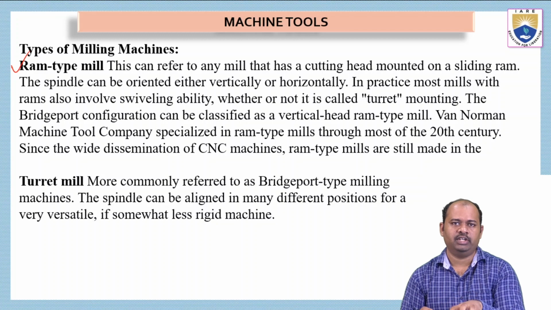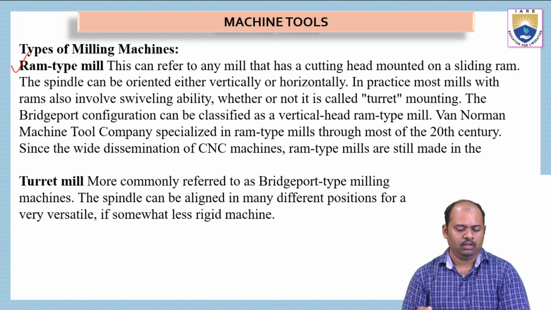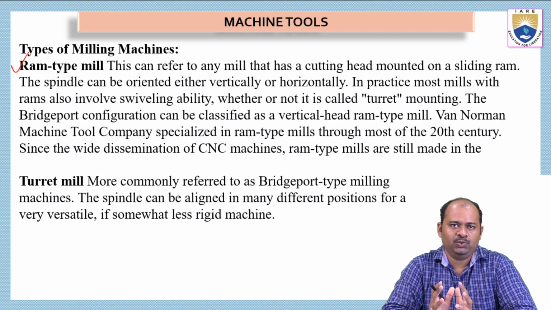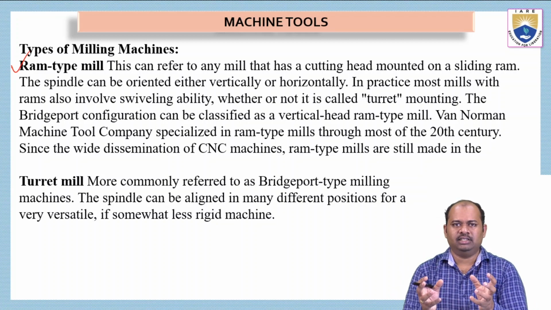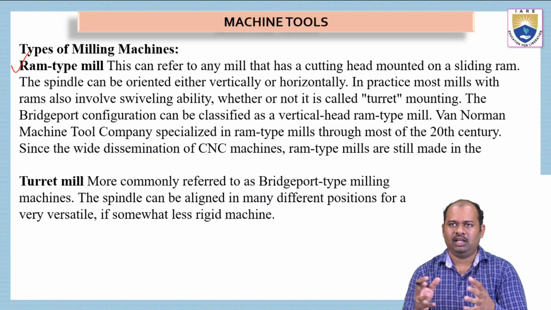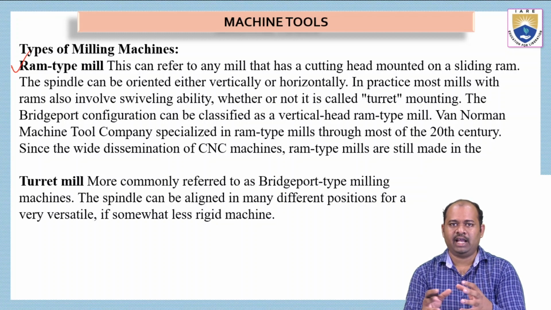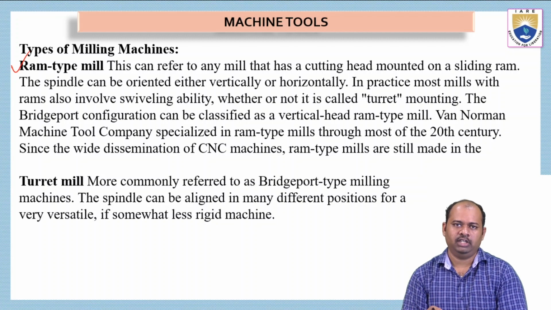The ram type mills have the ability to be moved in all directions and have swiveling motion capability. Because of this, the companies manufacturing ram type mills are now converting or automating them for industry.